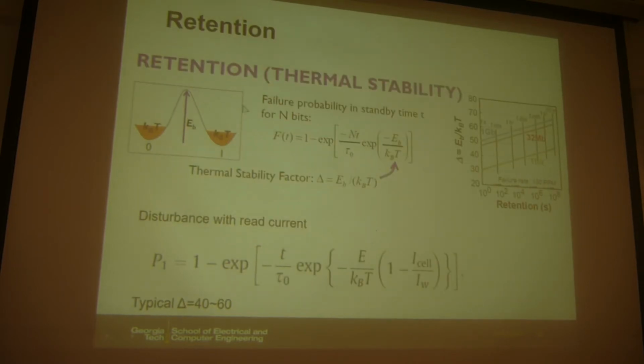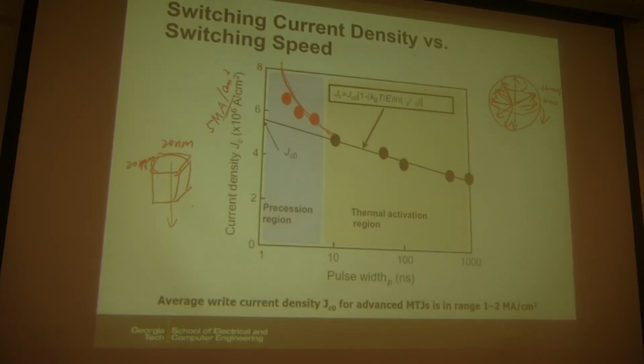And the retention, as we discussed, is due to this kind of energy barrier. Those two states are separated by the barrier. If you look at this kind of diagram, the two states, pointing up and pointing down, are at the lowest energy level, and pointing horizontal is very difficult. It's not stable.